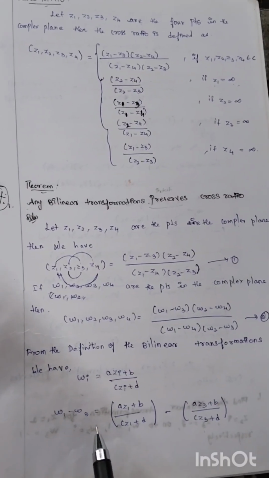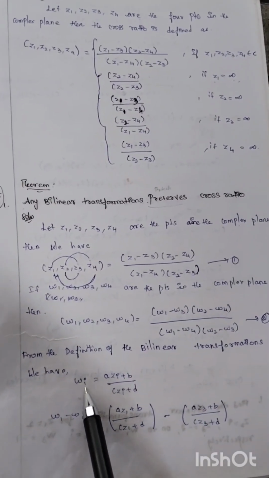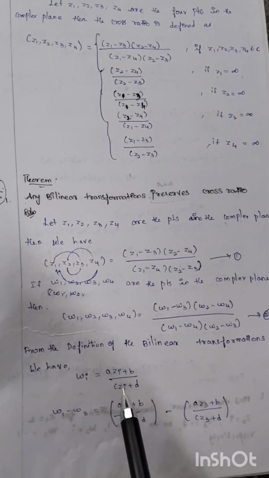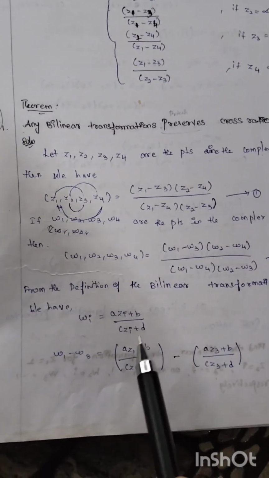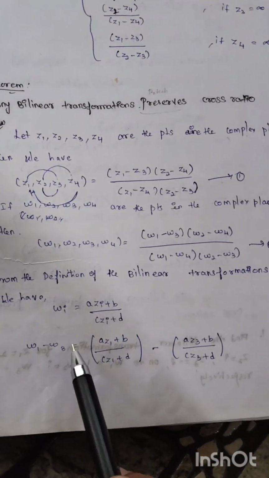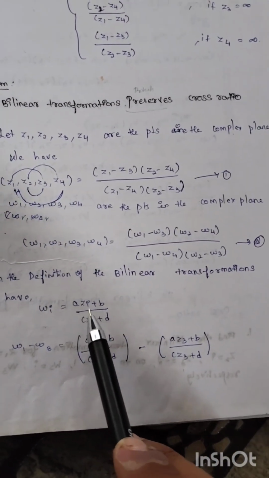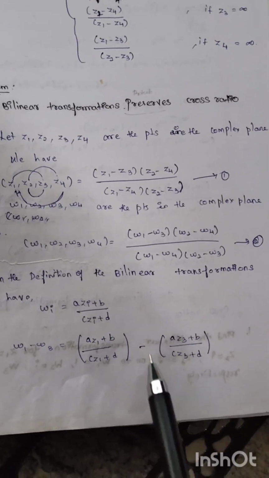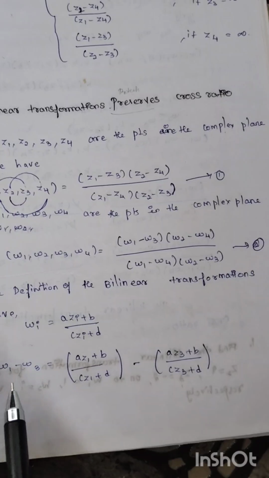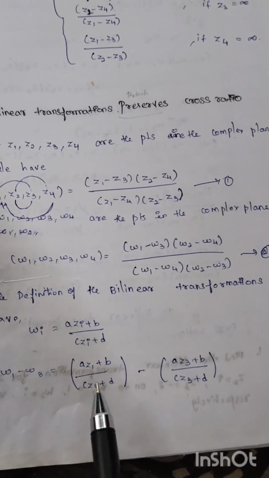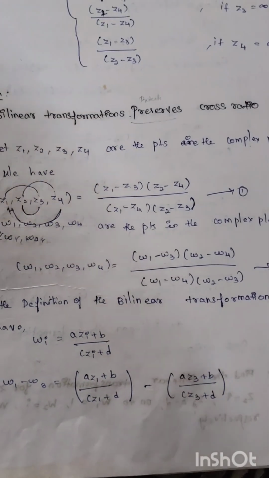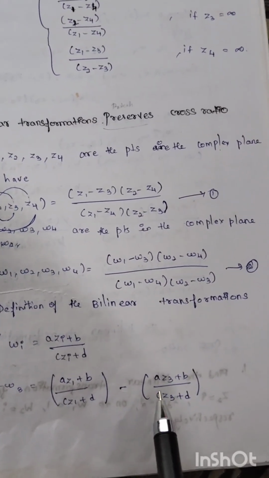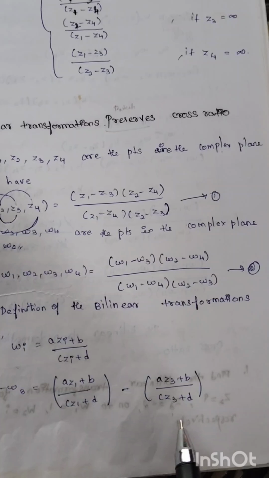Replace i equal to 1, we get (a z1 plus b) divided by (c z1 plus d). Replace i equal to 3, we get (a z3 plus b) divided by (c z3 plus d). So w1 minus w3 is equal to (a z1 plus b) divided by (c z1 plus d) minus (a z3 plus b) divided by (c z3 plus d).